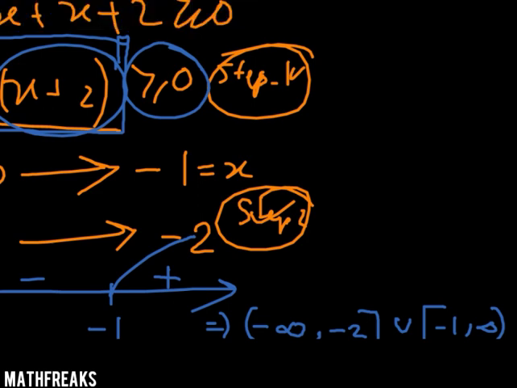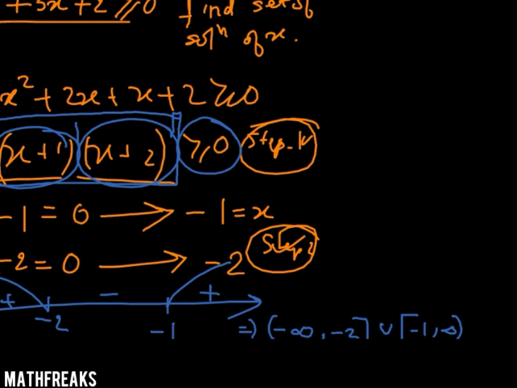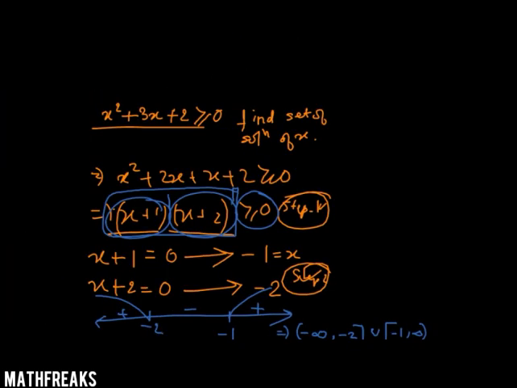Now if you want to check, just put the value of x as -2, you will get the expression equal to 0. But in this case it can also be equal to 0. That's why I was telling you to include the -2, because even the expression can be 0. I hope that this question was understood by all of you, and this is a very simple question.